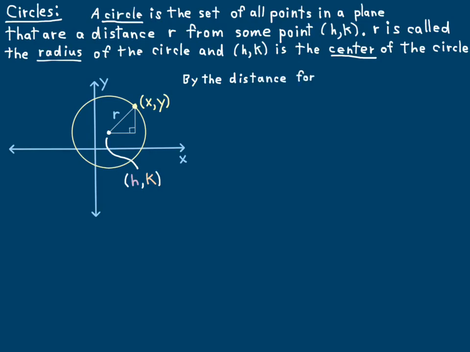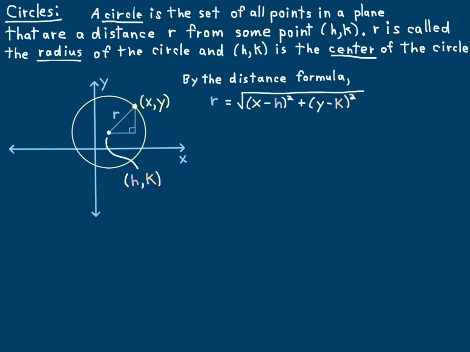Okay, so I make a little right triangle there. And then by the distance formula, we know that (x minus h) quantity squared plus (y minus k) quantity squared, if you add those and take the square root, you get the radius. Now notice on the previous page with the distance formula, all four numbers were constants. Here, x and y are variables, but it still follows the same equation.